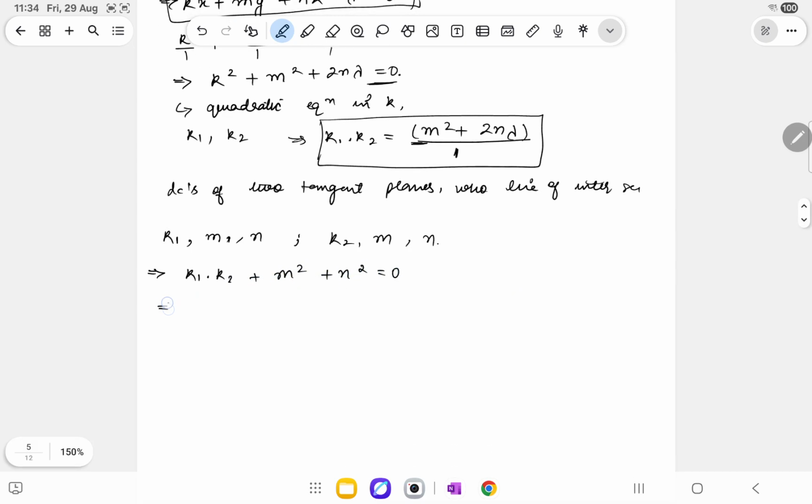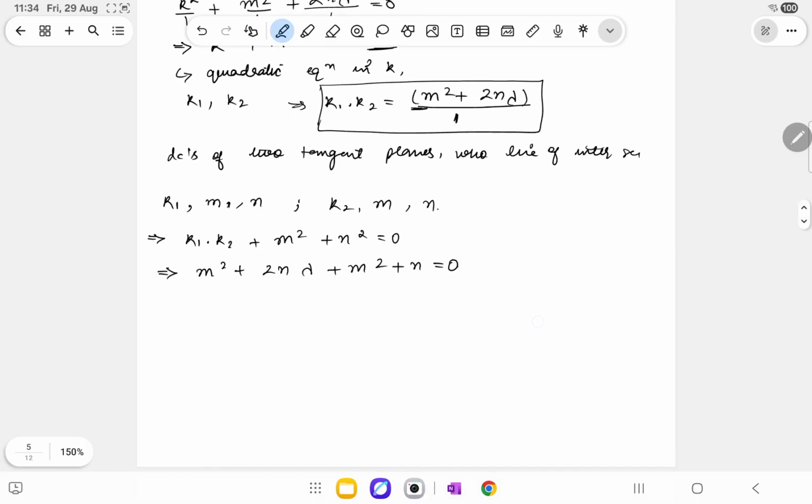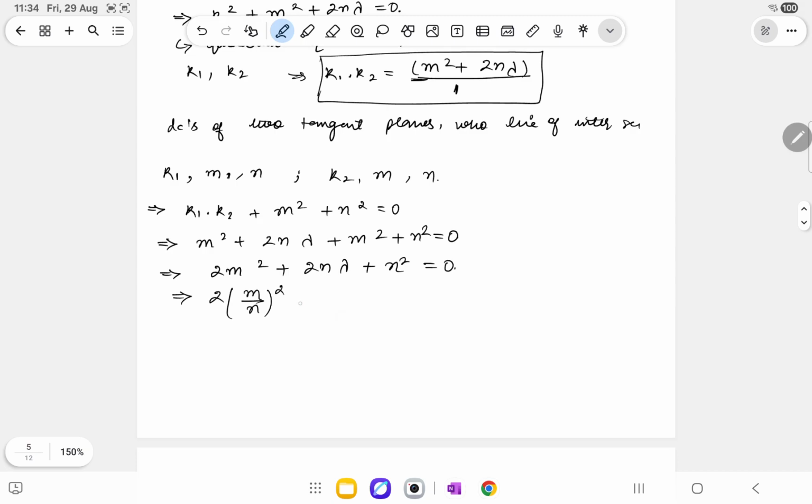If we substitute the value of k1 into k2 here, we'll get m square plus 2n lambda plus m square plus n square is equal to 0. If we simplify it, we'll get 2m square plus 2n lambda plus n square is equal to 0. We can divide the whole equation by n square to convert it into a quadratic equation in m by n.